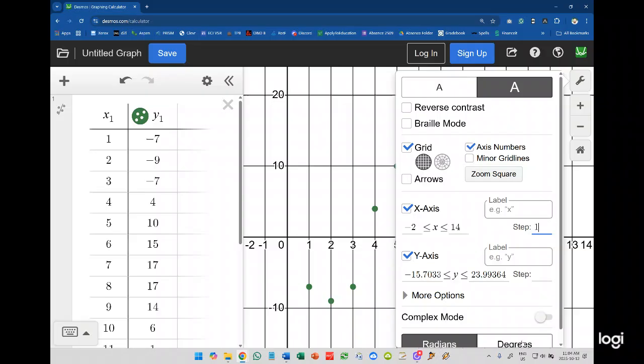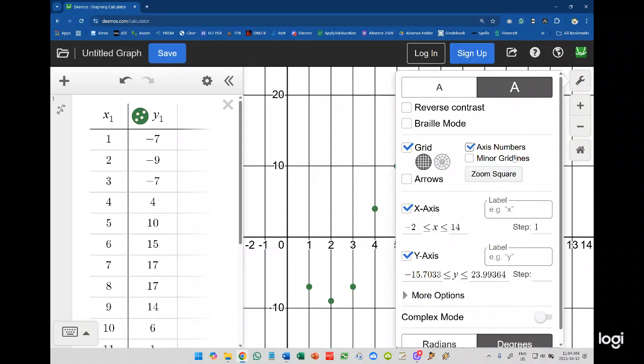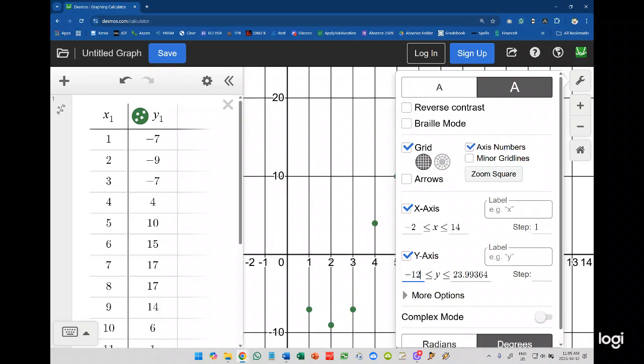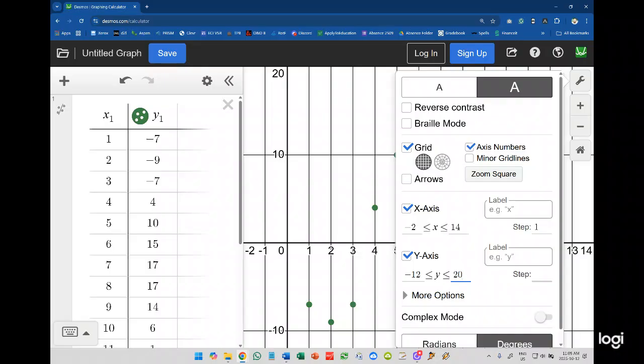I'm also going to make sure I switch over to degrees since that's how I'm going to model. For my y values, I see I've got a minimum of -9 and a maximum of around 17, so I'm going to go -12 up to 20-ish. Again, just a little above, little below, so I'm not missing anything.